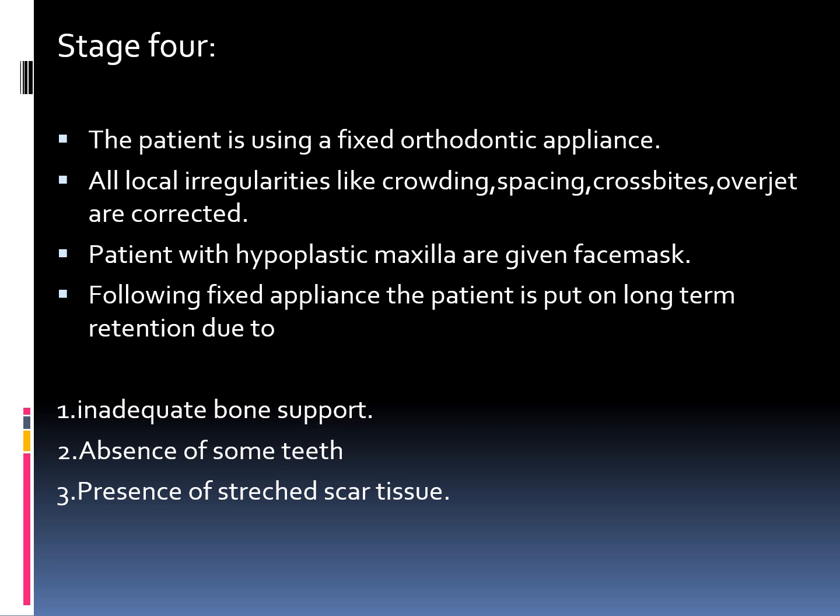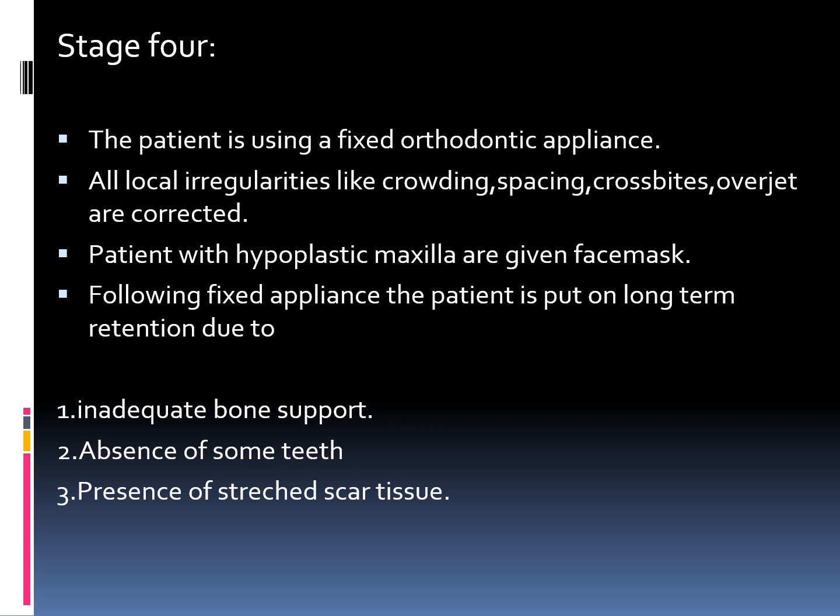Stage 4, the patient is definitely now an adult, so fixed orthodontic treatment is what is required to correct all the local irregularities like your crowding, spacing, crossbite, overjet. And of course, if the patient is still in the mixed dentition stage, or a growing stage, now, I assume all of you know the growth or skeletal maturity indicators, on how to know whether the patient is growing or not.